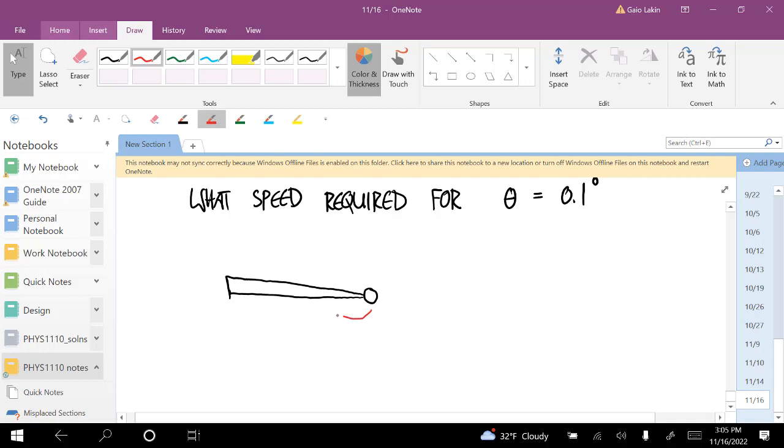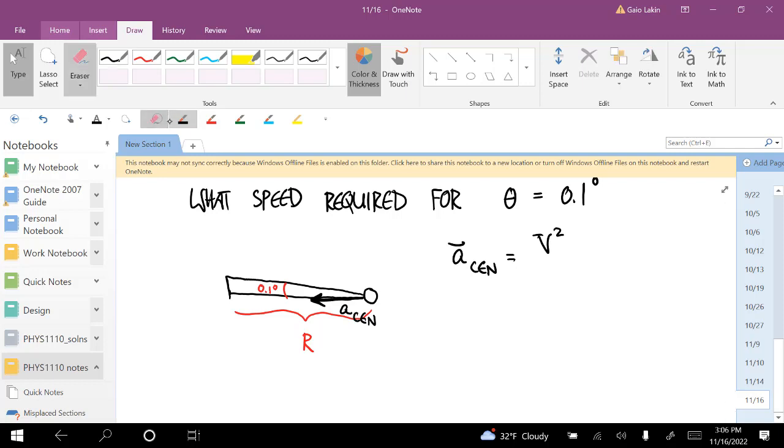Okay, so this is R. This angle is 0.1 degrees. The centripetal acceleration is this direction, and the magnitude of this is equal to v squared over r.